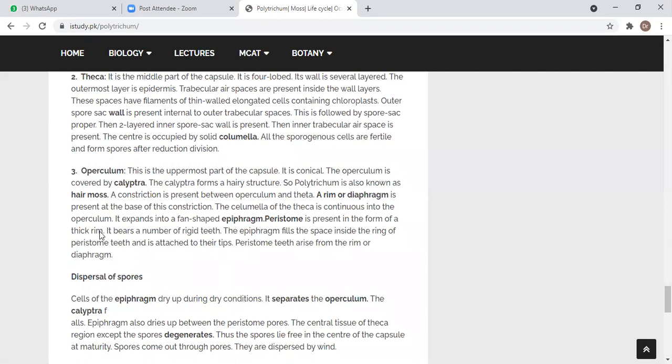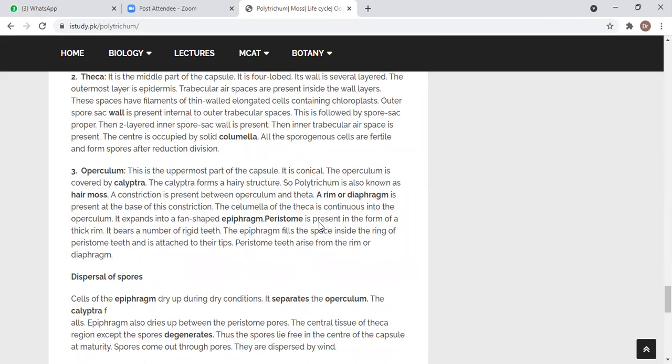So above the ring, in this operculum region, I told you now, we can see the presence of peristomial teeth-like structures which are attached to the rim region or the diaphragm region of the operculum.